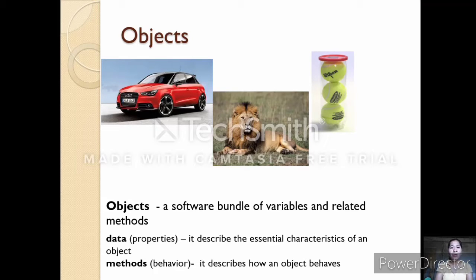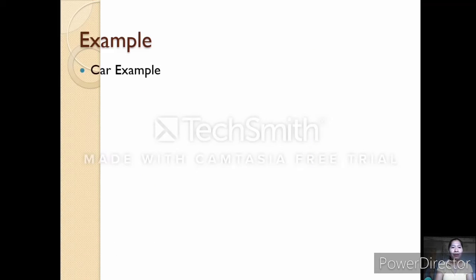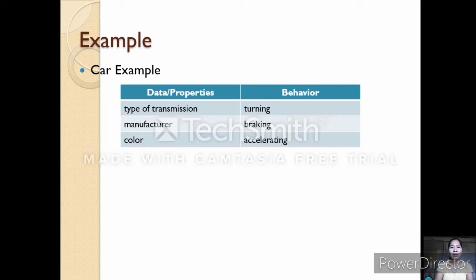Okay, now we take into consideration our examples. So we have now our car example. We have here the data and properties: the type of transmission, the manufacturer, and then the color. Then the behavior can include turning, braking, accelerating.